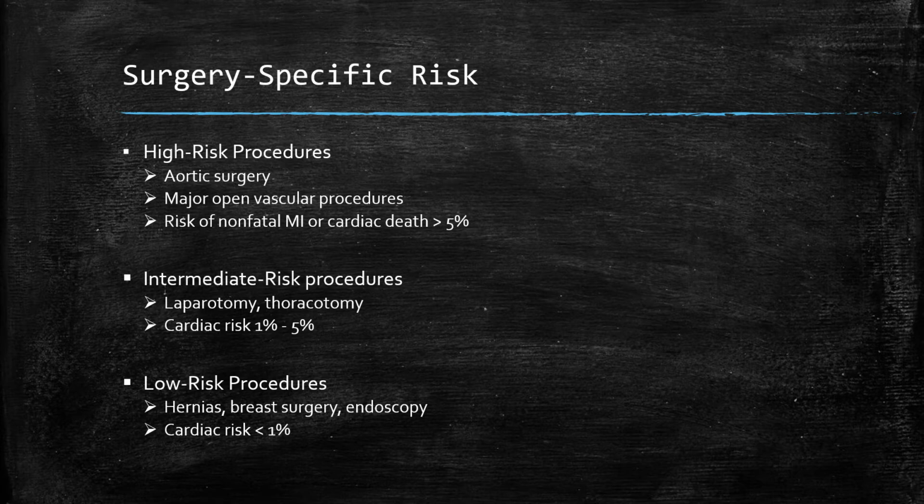Intermediate risk procedures include laparotomies and thoracotomies, and their cardiac risk is between 1 and 5%. Low-risk procedures include the common outpatient type surgeries. This would include hernias, breast surgery, and endoscopies, and the cardiac risk associated with these procedures is substantially less than 1%.